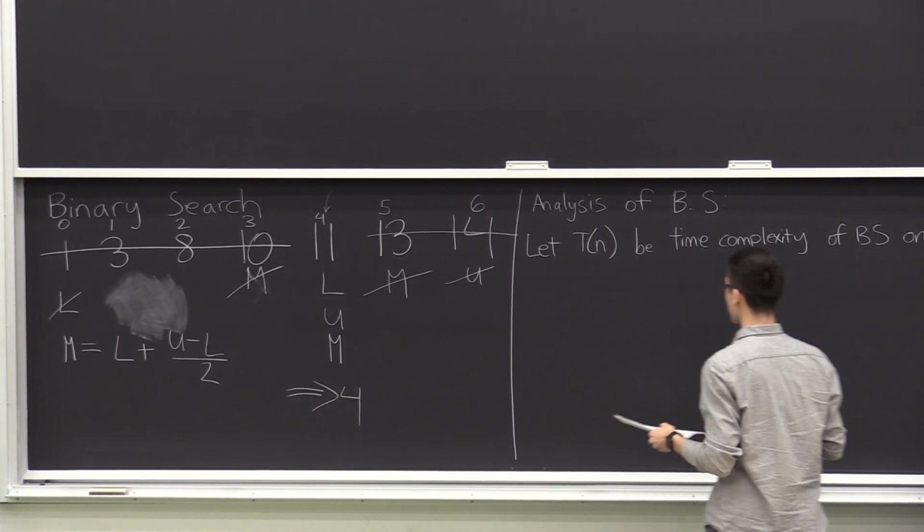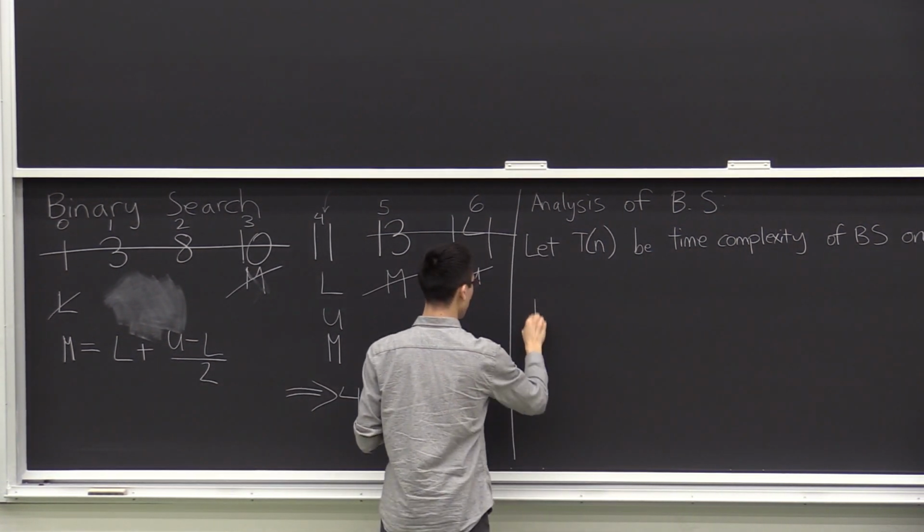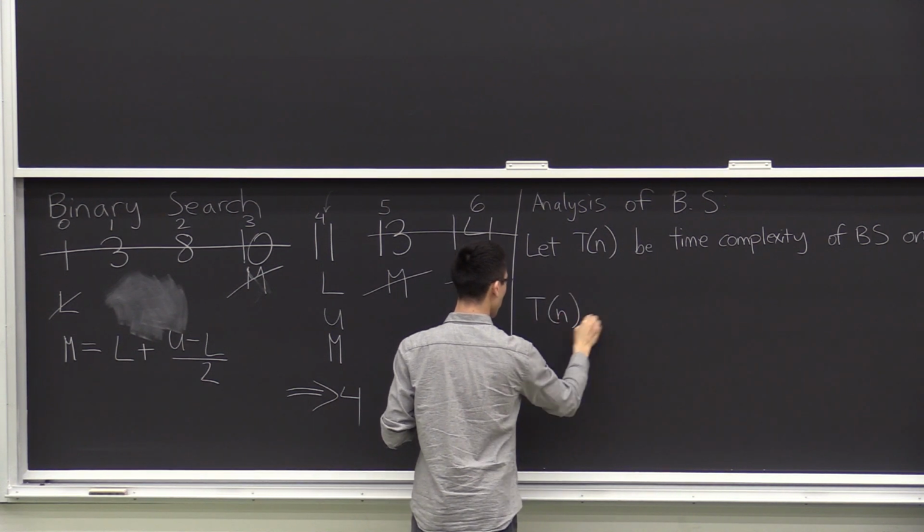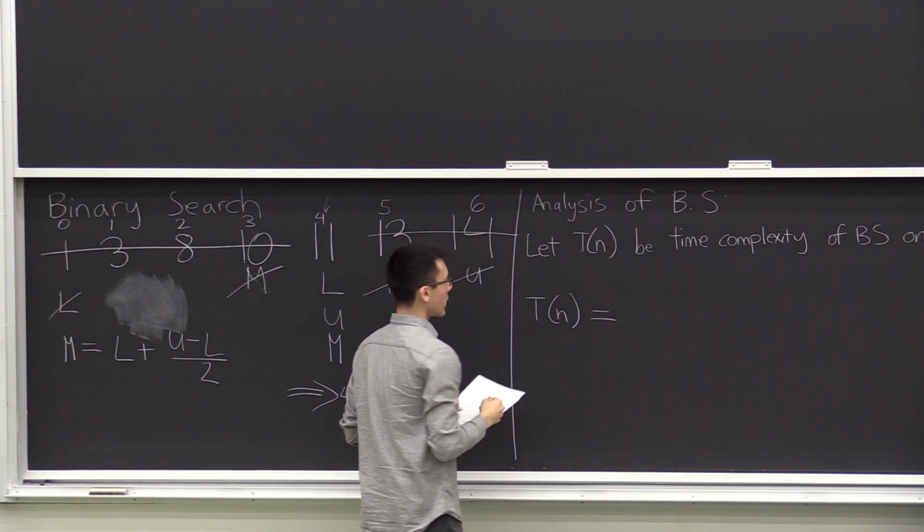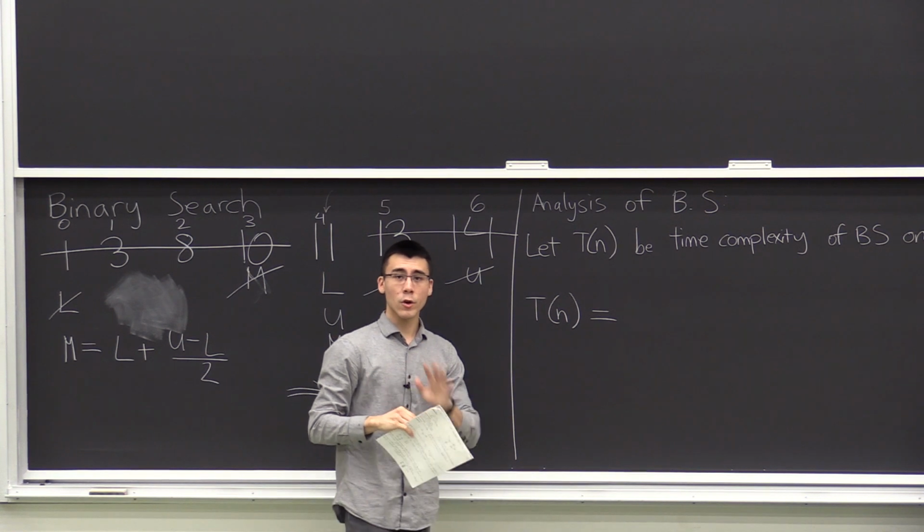So let's try to write it out. We have T(n). Now what we're going to write is something called a recurrence relation.